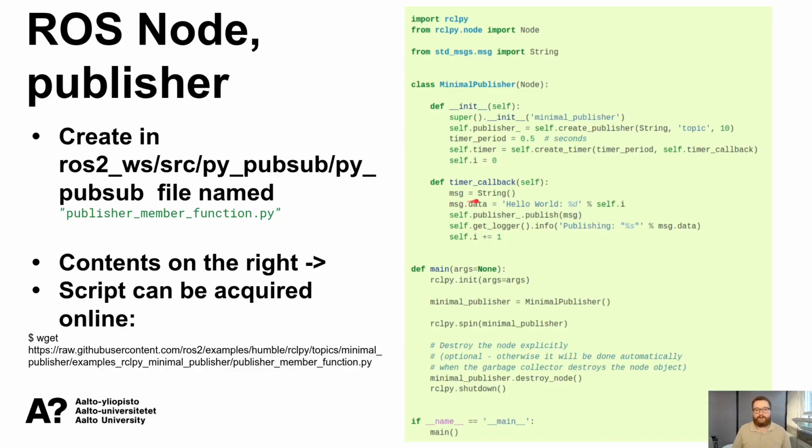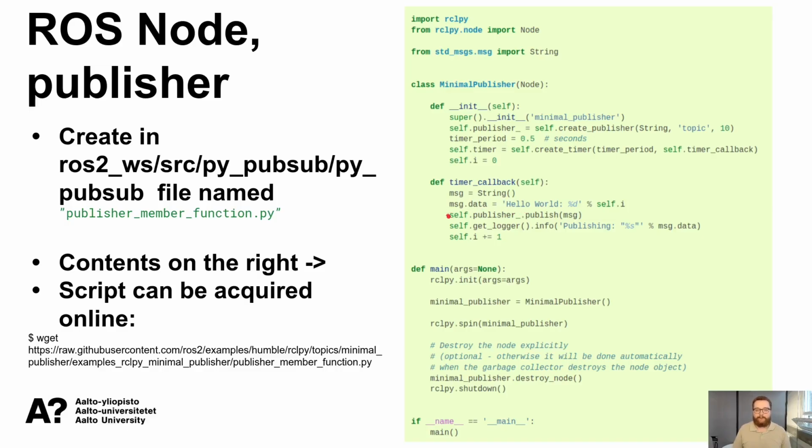So we are defining that message. This way, we are saying that this message variable is an empty message of this String type. And then in this data field, message.data, we are inserting the actual information. In this case, simply a string of hello world with an incrementing number as the timer is incrementing.